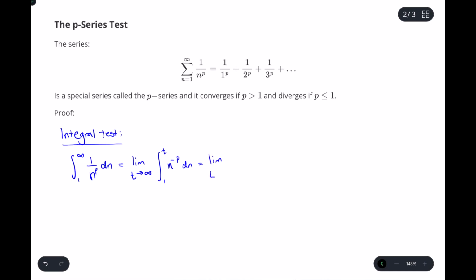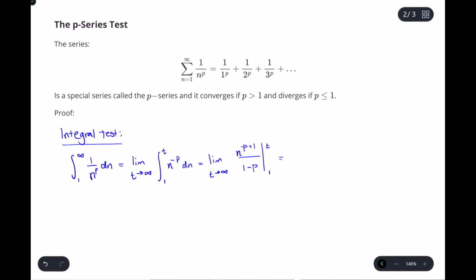So this is the limit as t goes to infinity, and if I add 1 to my exponent, I would have n to the negative p plus 1 over negative p plus 1, which is the same thing as 1 minus p. I'm going to just turn it around that way, evaluated between 1 and t.